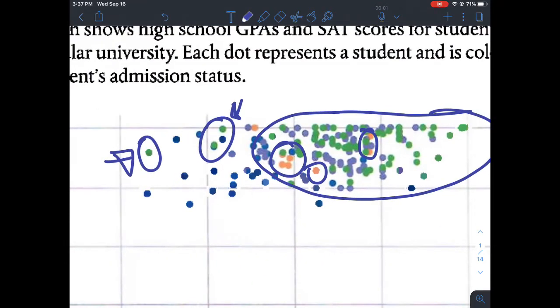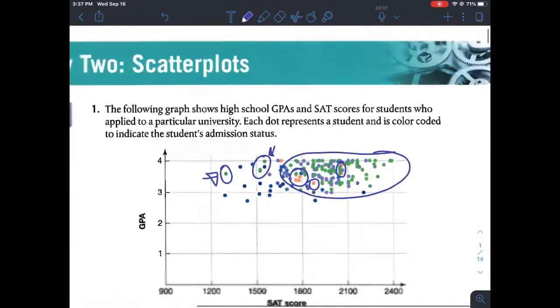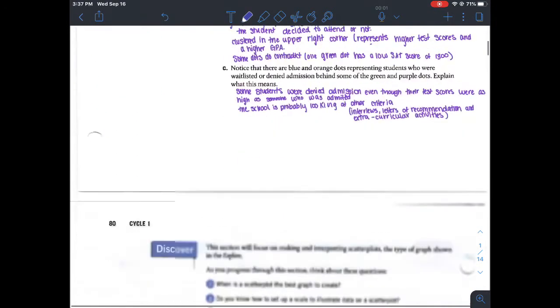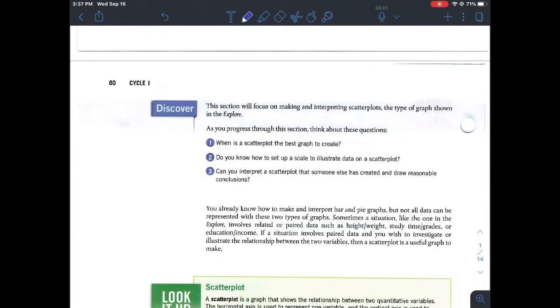So why were these students denied even though their test scores were as high as others that were being admitted? Again, schools are looking at other criteria outside of SAT and GPA. So interviews, letters of recommendation, extracurricular activities, that college admissions essay, all go into factoring whether you're admitted, denied, waitlisted, accepted. All right. That was fun, wasn't it? Get us thinking about colleges.